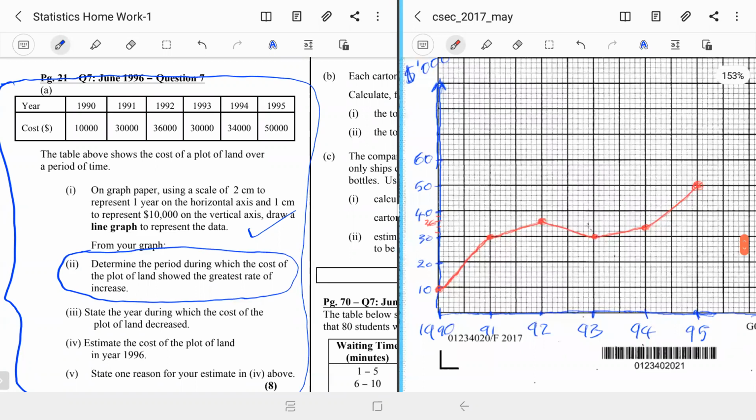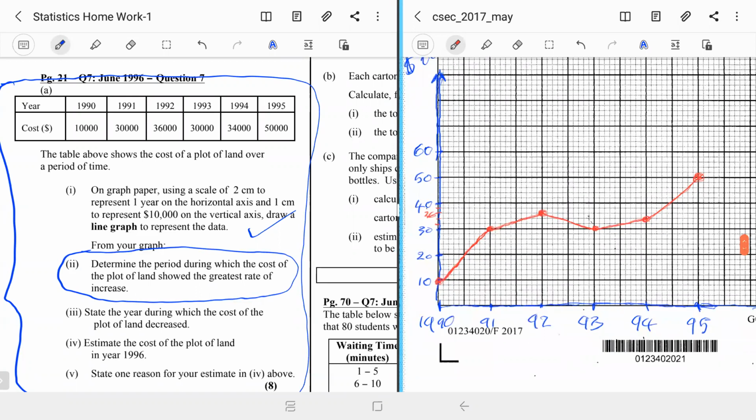In other words, the increase was greater over that period, and the change was greater over that period. How can we know from the graph where we had the greatest rate of increase? Anybody can tell me?